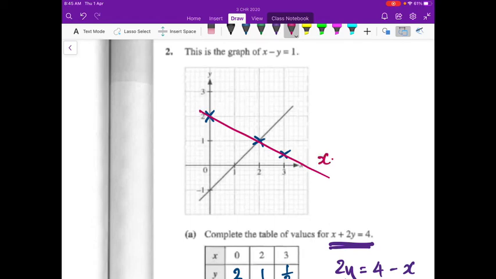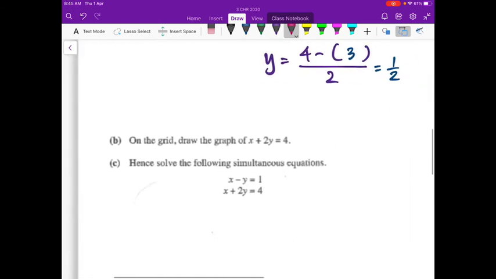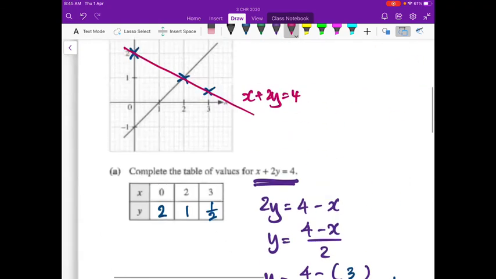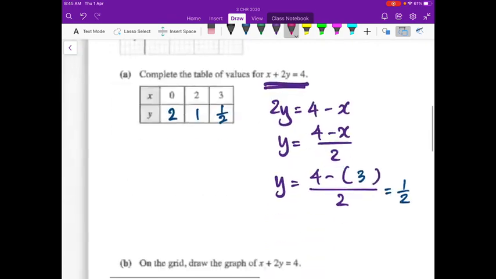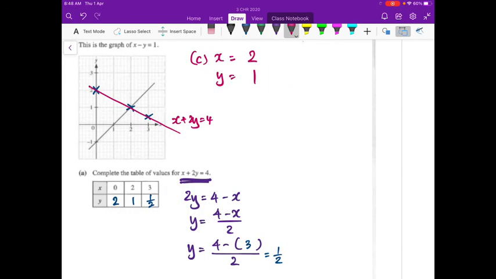This is our x plus 2y equals to 4. So I'm sure they're going to ask us to hand solve. X minus y is 1, x plus 2y equal to 4. Okay, solve this by yourself. Part C. Okay, do part C by yourself. What is your x value and your y value? Equals to 1. Finish. Block 2, level 1.